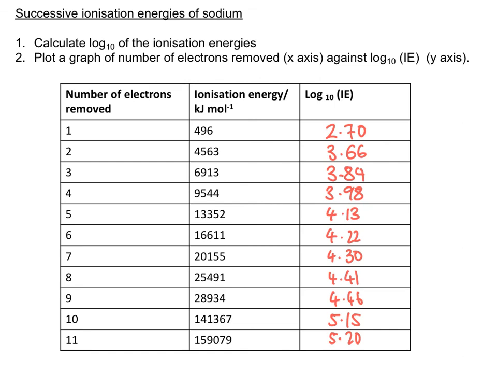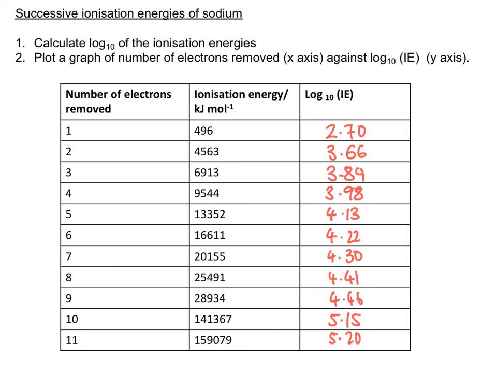Okay, so hopefully you got the same values as me. So why would we bother doing this? Well, if you were trying to draw the graph of number of electrons removed on the x-axis and ionization energy on the y-axis, when you're drawing your axes and determining your scale, you're looking at your minimum and your maximum values. So your minimum value here is 496 and your maximum value is 159079.